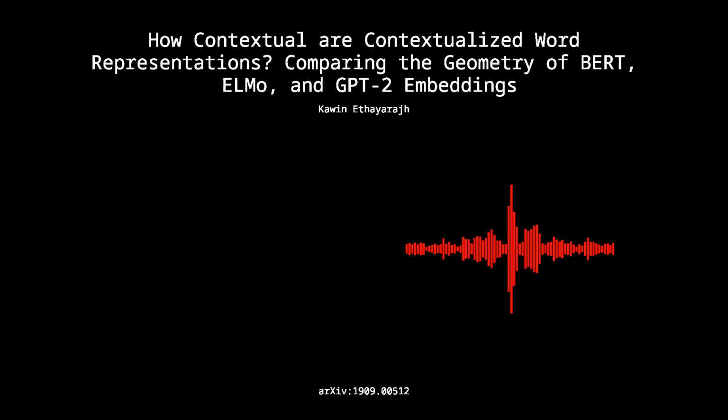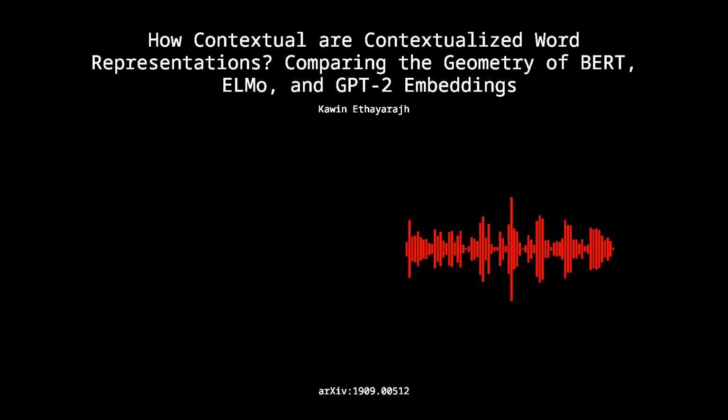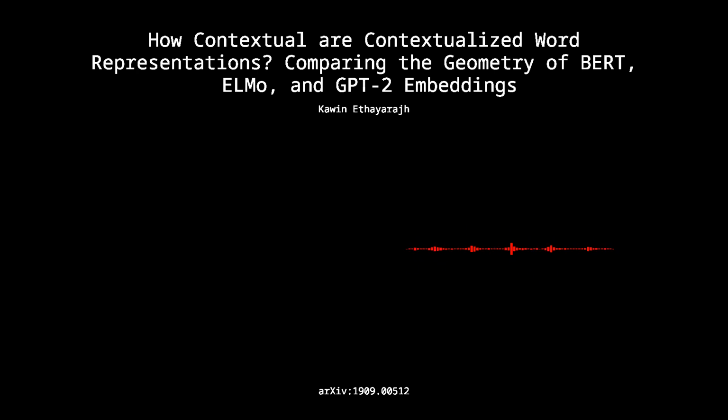Before we talk about individual words, let's establish the baseline. Before you can measure how contextual a specific token is, you have to understand the shape of the entire mathematical space those tokens are living in. Right, the baseline geometry. The paper's first major finding regarding this baseline geometry completely upends a lot of classical assumptions.